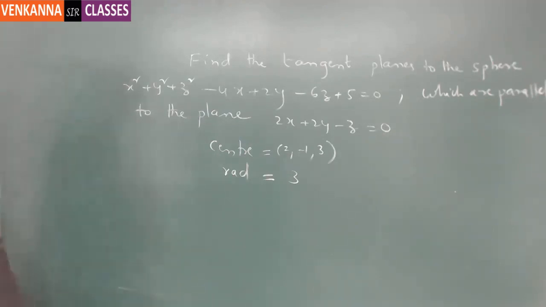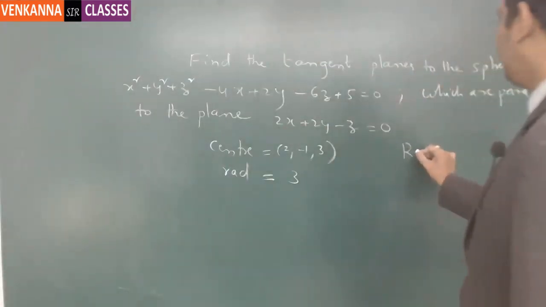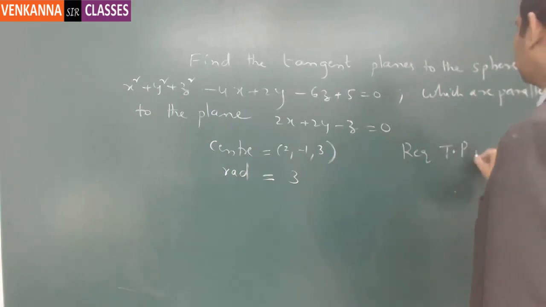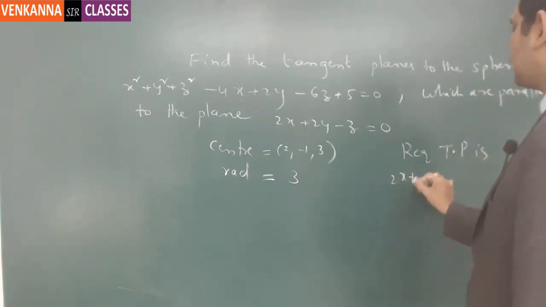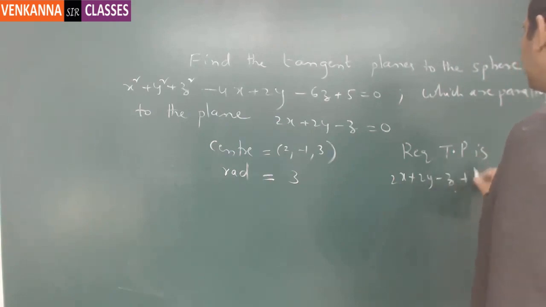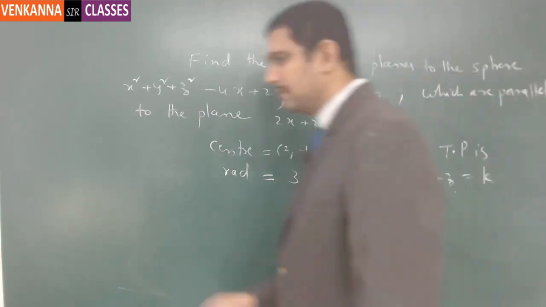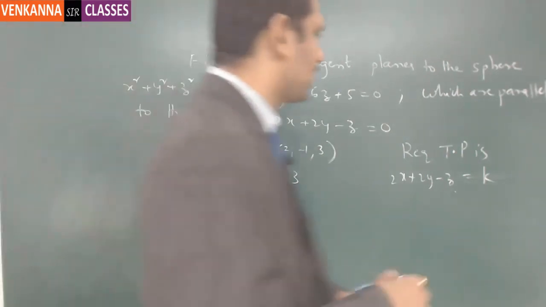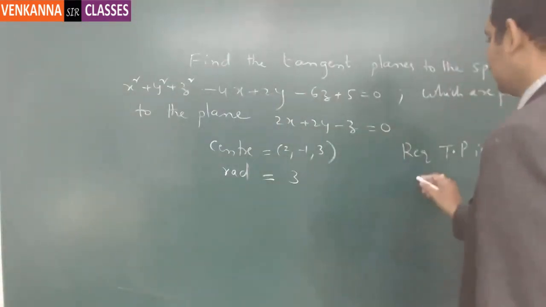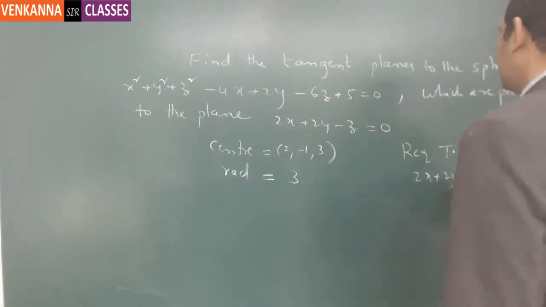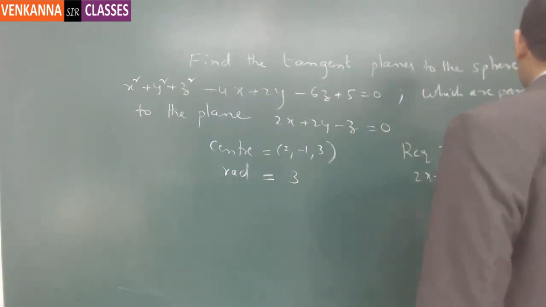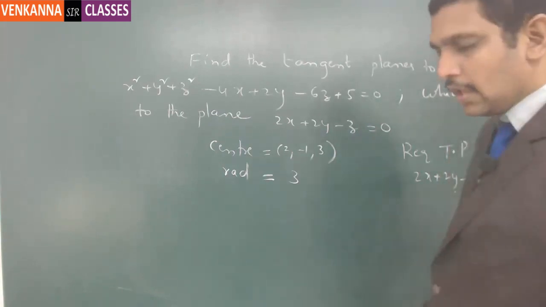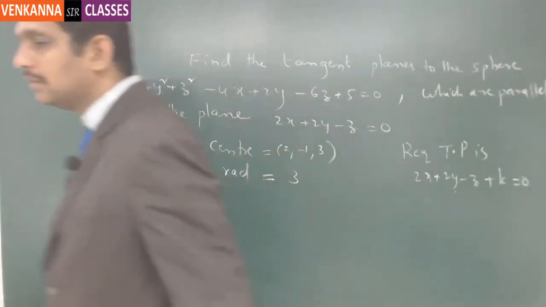So the required tangent plane will be of the form 2x plus 2y minus z plus k is equal to 0. If you can determine the k value, then you are done.